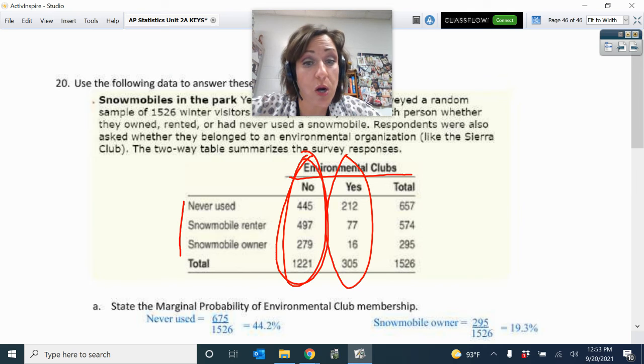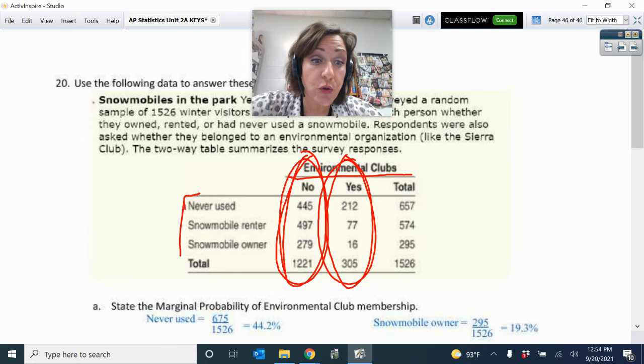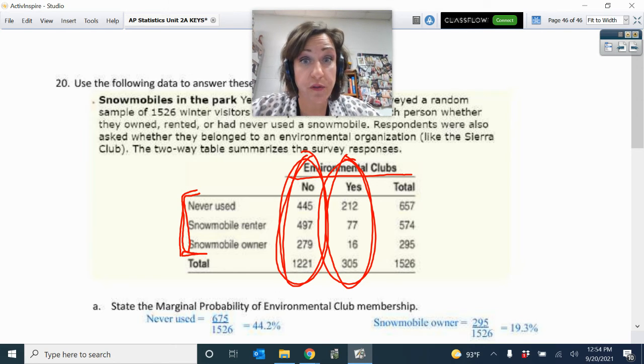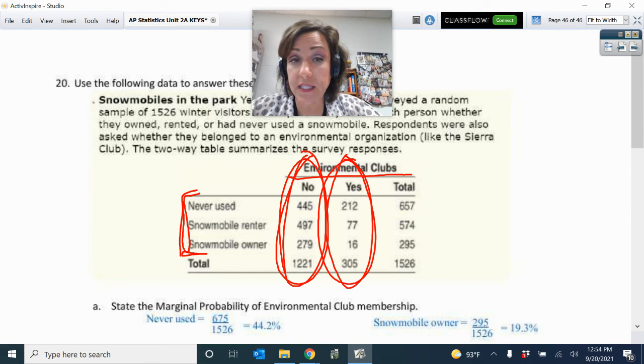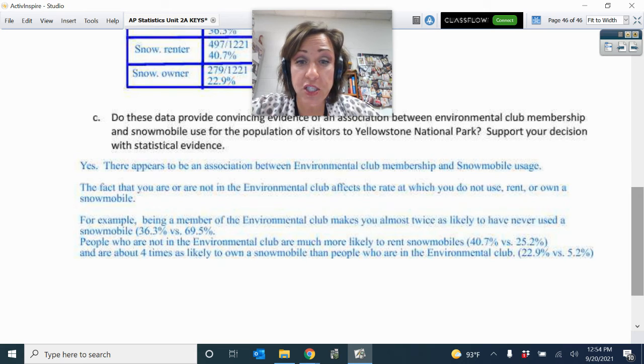The fact that you are or are not in the environmental club does affect your snowmobile usage, so there is an association happening. Something is going on. So yes, there appears to be an association between those two things, the environmental club and snowmobile usage. Elaborate.